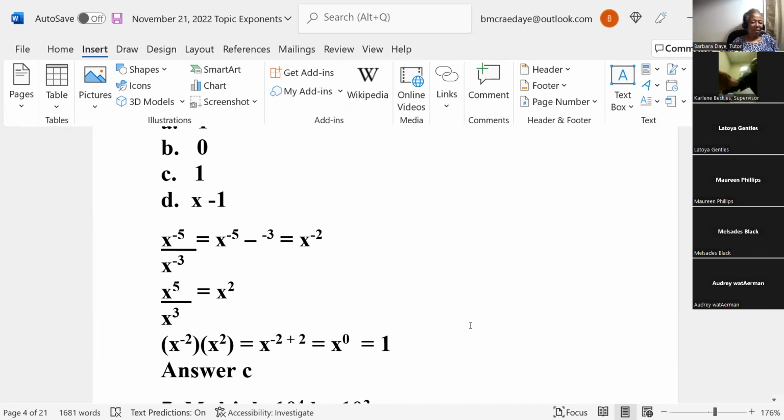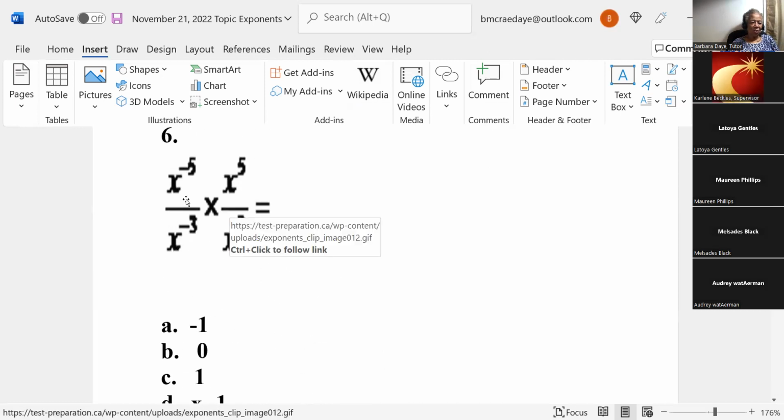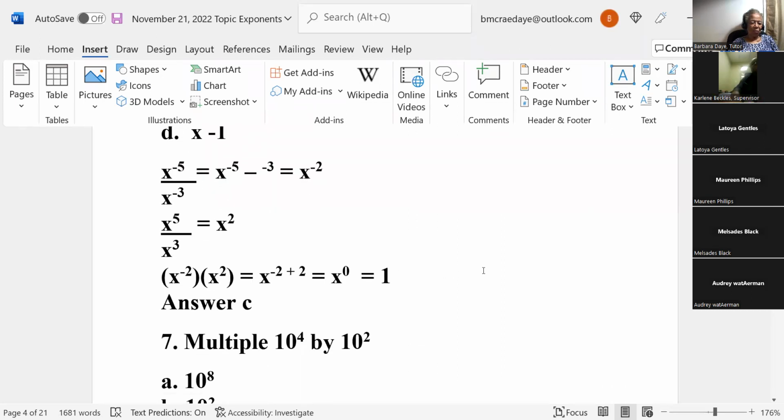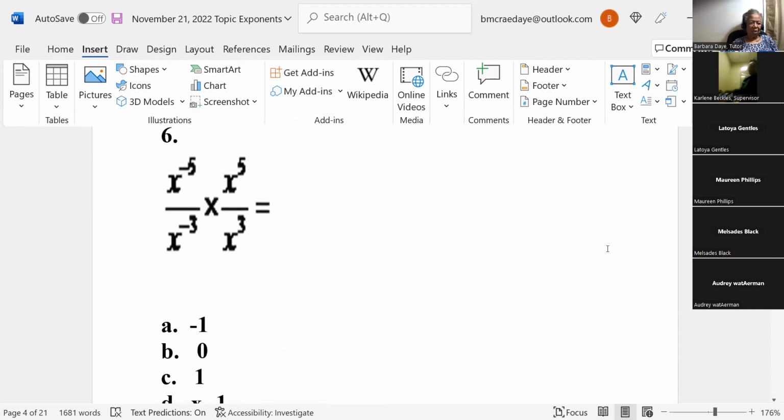Okay. Mercedes, do you have any questions on this one? You did the division, 2 divisions, and then you did the multiplication, and your answer is 1. You have questions on this? I was just wondering, in my head the final answer is 1, but why do we have to go to x to the 0 first? Well, how else would you get the answer?